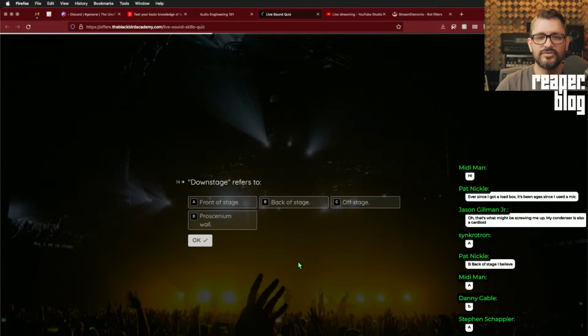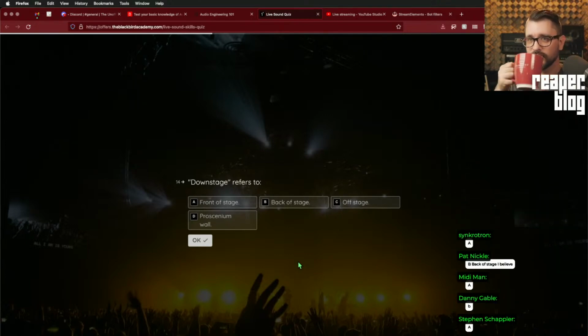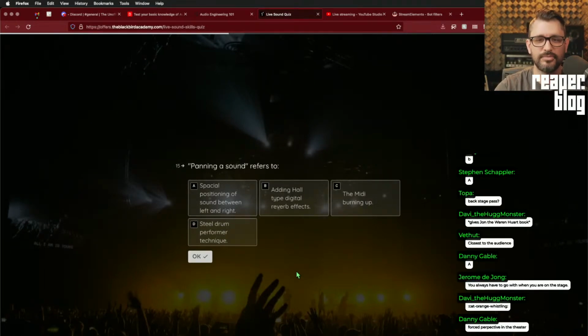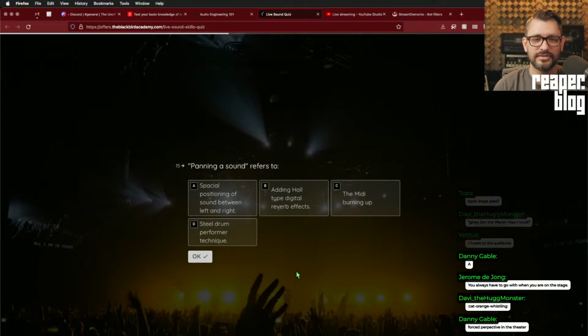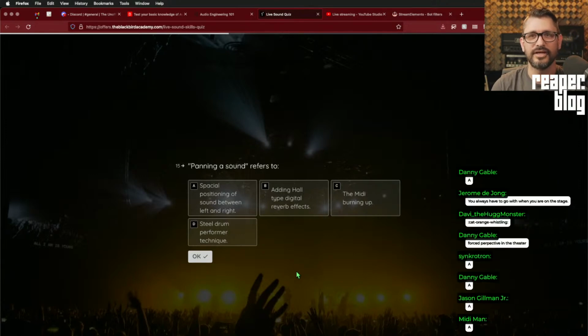I believe downstage means moving towards the front. Yeah, upstage, downstage, stage left and stage right are confusing because it's flipped perspective.